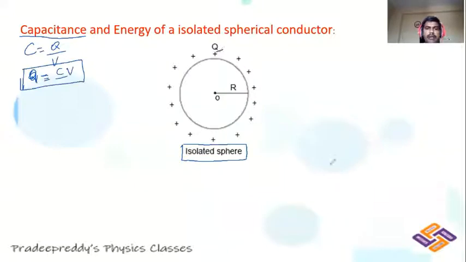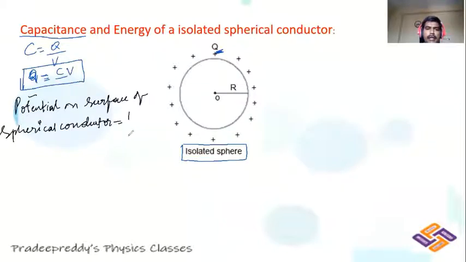It is accommodating some charge Q. Now we know the potential on the surface of a spherical conductor is equal to 1 by 4 pi epsilon naught, Q divided by R. Is it not? This we have already derived in electrostatics. So this is V.